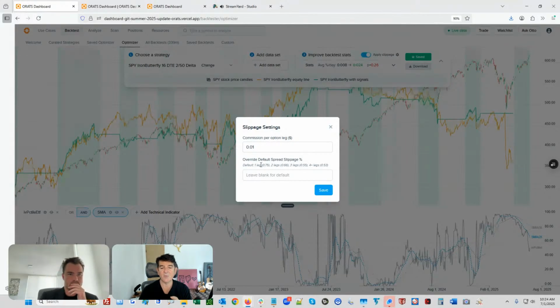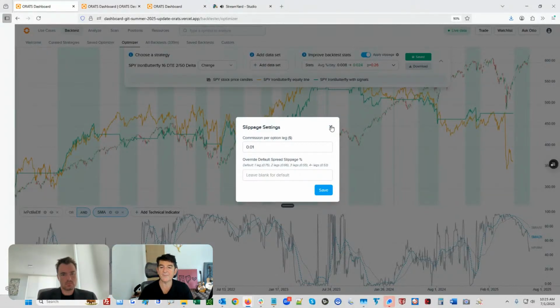So if you have a one leg strategy, you might travel 75% of the bid ask spread to trade. If you have two legs, you're going to have a wider market, so you might only have to travel 66%, and three legs 55. And if you have a four leg condor or something, you don't have to travel 75% usually. The 3% is a pretty good edge for market makers to trade.